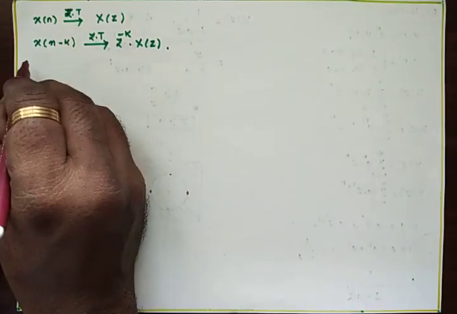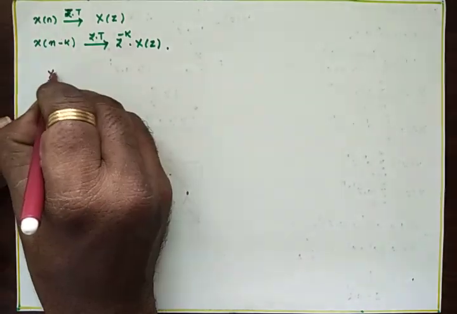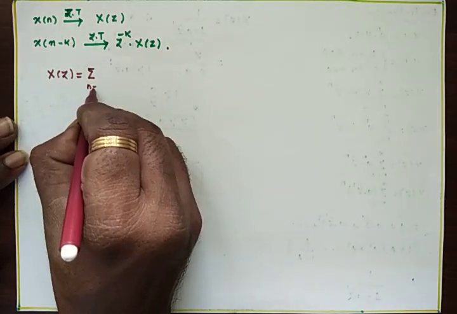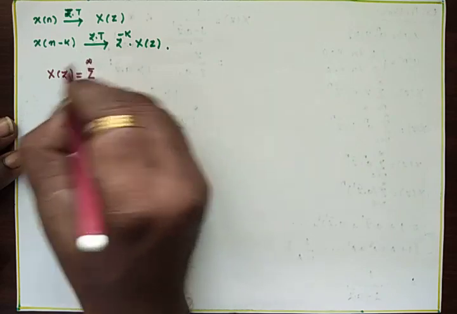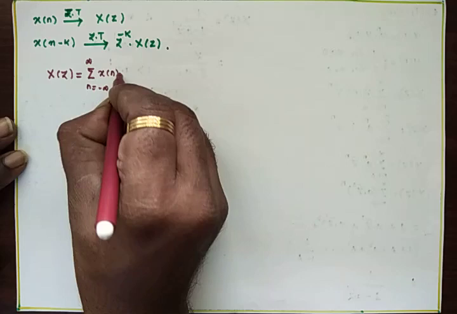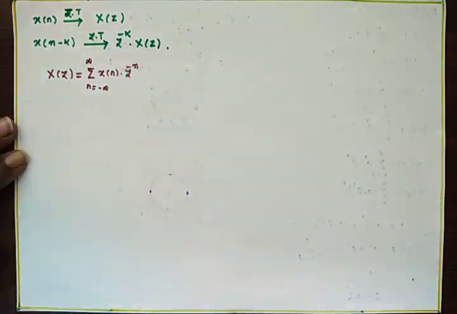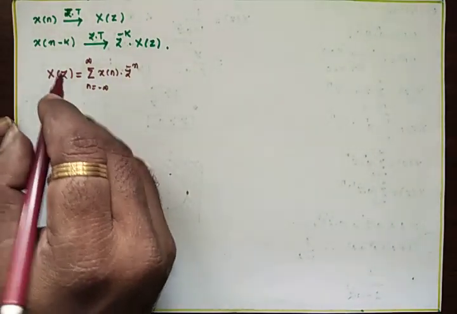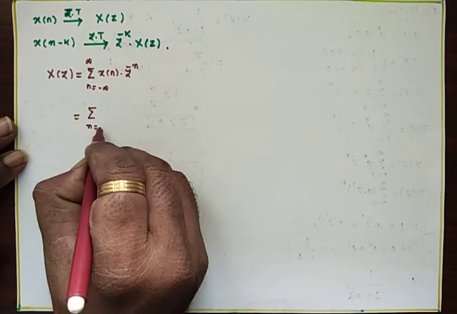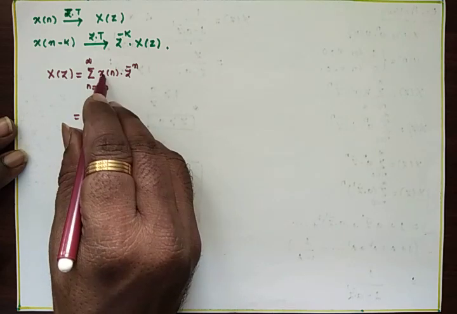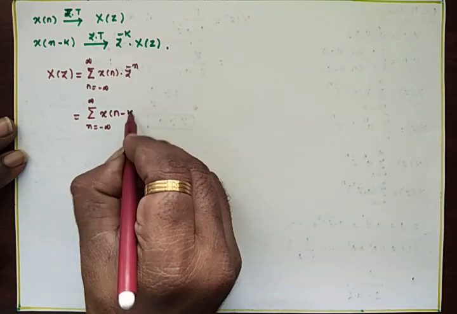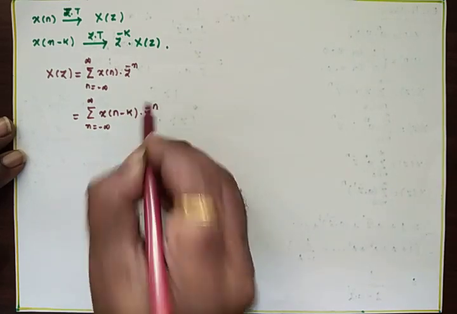We know that X of z equals sigma n equals minus infinity to plus infinity x of n into z to the power of minus n. So here we have sigma n equals minus infinity to plus infinity, in place of x of n we have x of n minus k, into z to the power of minus n.